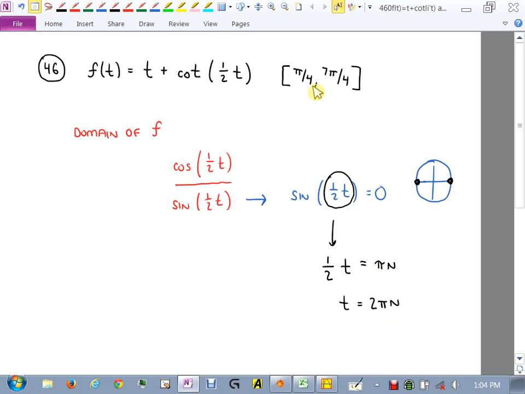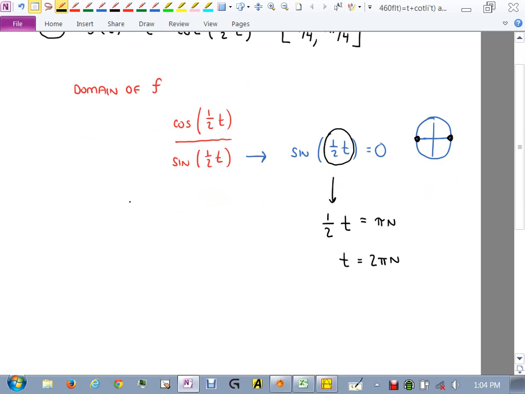So I look at my interval. My interval is between pi over 4 and 7 pi over 4. So if I go to my unit circle, pi over 4 is here, isn't it? 7 pi over 4 is here.